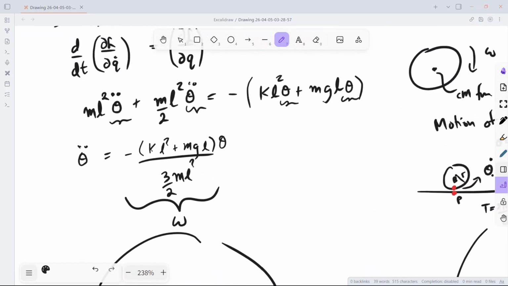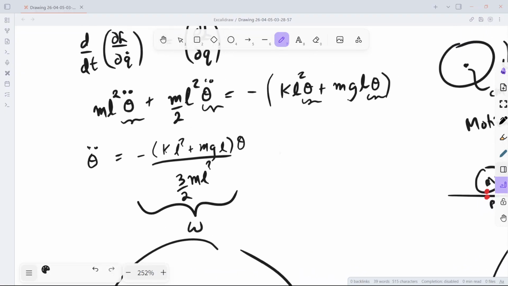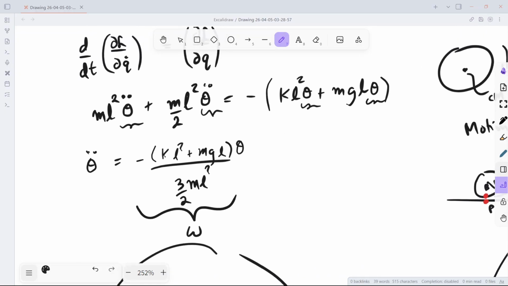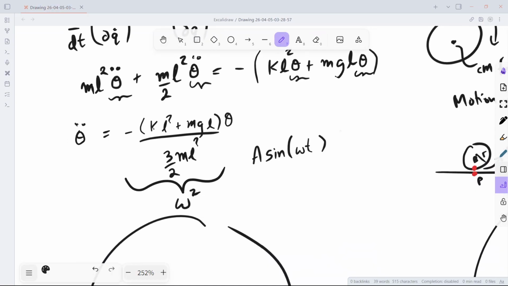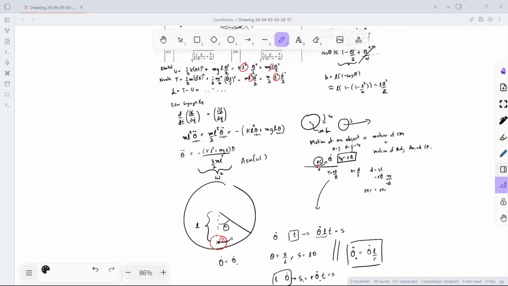So the solution to this ODE, with this being omega squared, is a sine. In general it's a sine of omega t plus phi, but your starting point is 0, so you can drop the phase. But in essence, this basically is the answer.